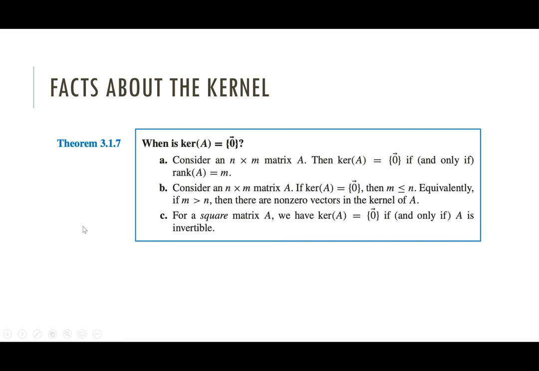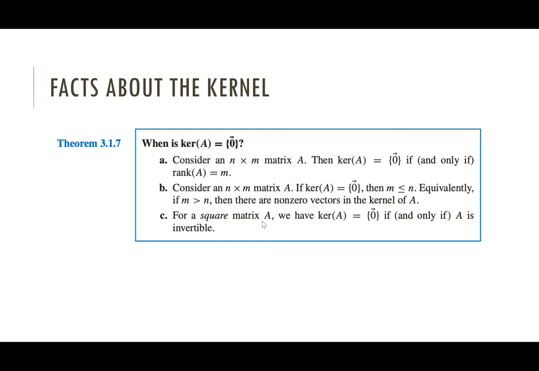All right. Finally, something that gets used a lot. Suppose you have a square matrix. When is the kernel 0? Well, if you have a square matrix, the kernel is 0 if and only if the matrix is invertible.